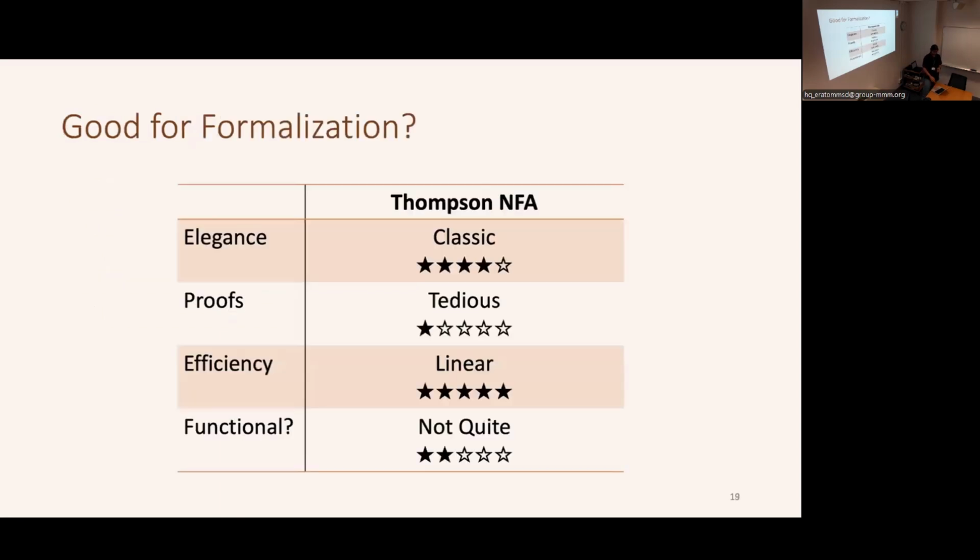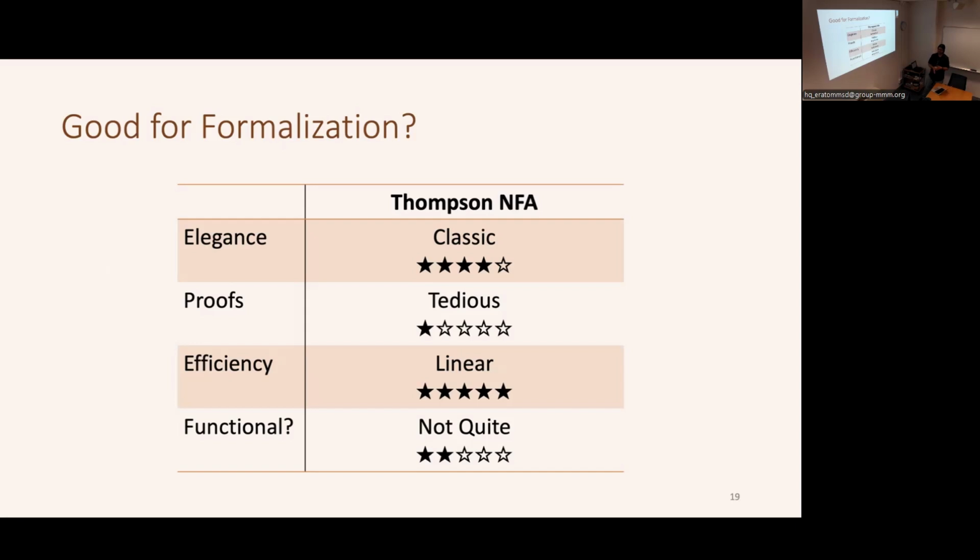So let us look at this rubric and try to understand how good this approach is. This is quite subjective, but I will talk about it anyway. I think this is a very classic algorithm, so actually, maybe it should have been 5 stars here.